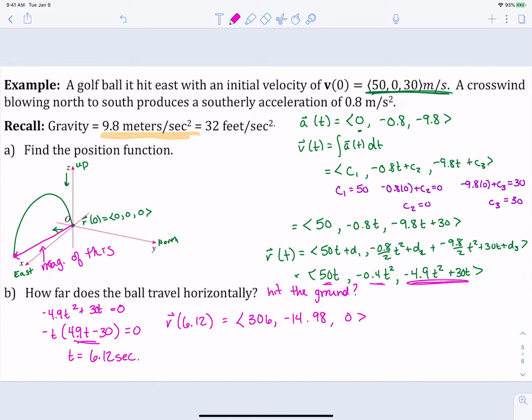So that is this spot here. I'm going to make this a really big dot. That's the spot when it hits the ground, when it hits the xy plane. And we need the magnitude of this value. So that's going to be the square root of 306 squared plus negative 14.98 squared plus 0 squared. And we get from that 306.4 meters.